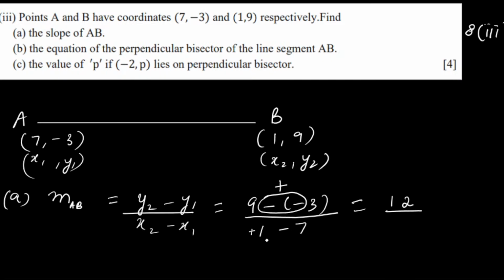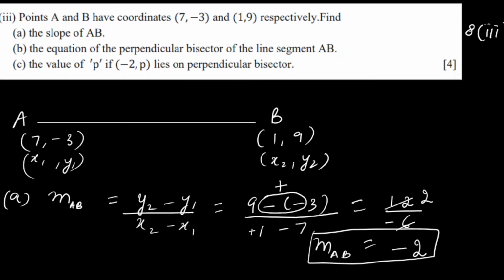Plus minus is minus, and the sign of the greater number. So minus 6. 7 minus 1 is 6, because with 7 minus sign is there. We can do cancellation here. 6 into 1, 6 into 2. One negative sign is there. So minus 2. Slope of AB is equal to minus 2.